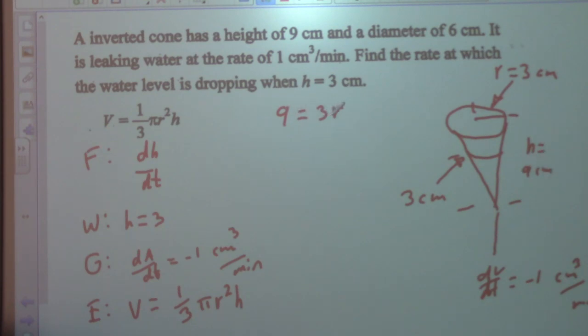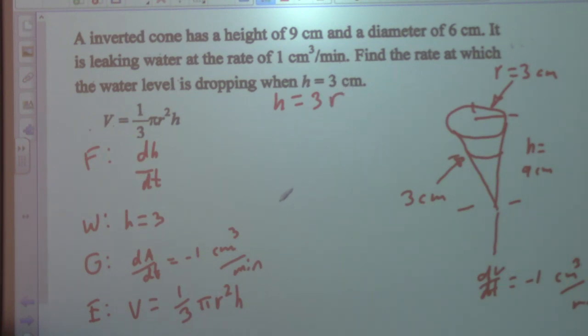So our height is going to be 3 times our radius, because that's the dimension of the cone. Is that right?